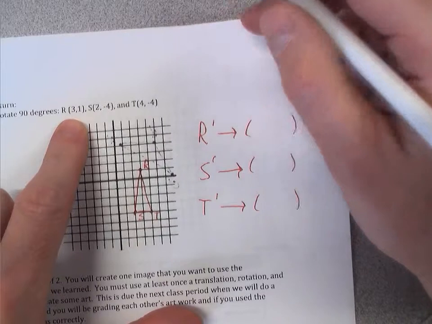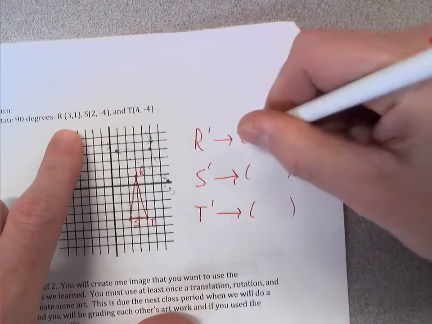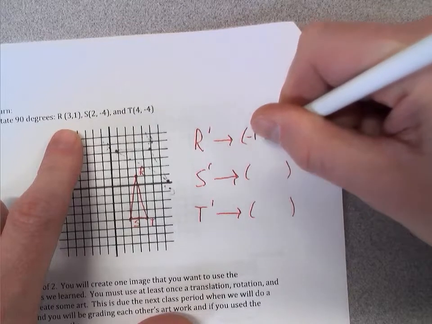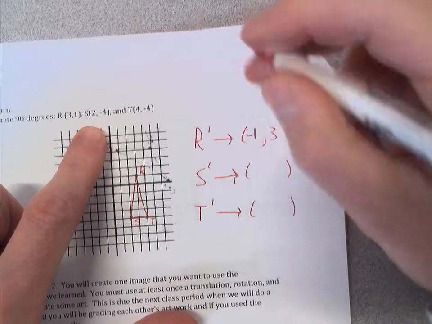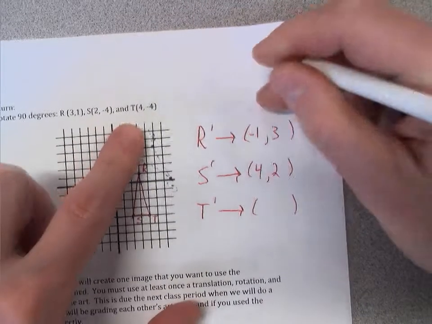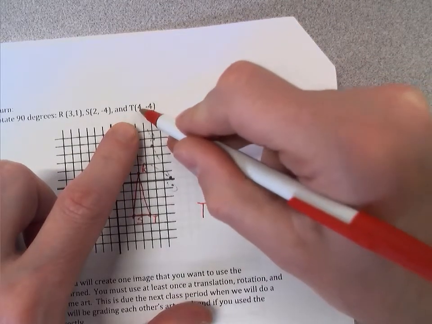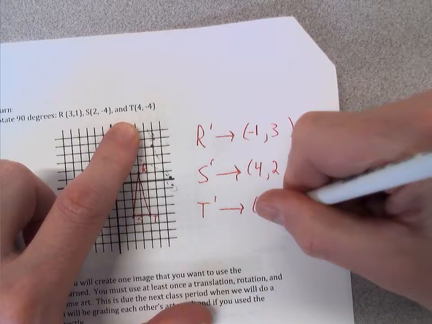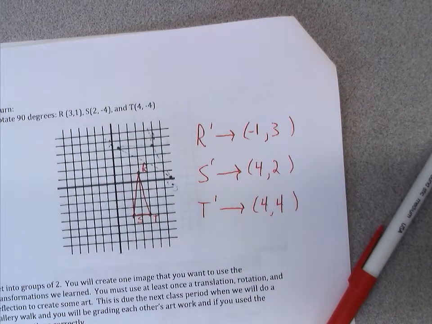So for R, the 3 and the 1 are going to switch places, and the y is going to become negative, so we're going to have -1, 3. Then S at 2, -4: they are going to switch places, so we're going to have -4, 2, and the y becomes negative, so we'll get 4, 2. And T, we'll get 4, 4, and those should be our values.